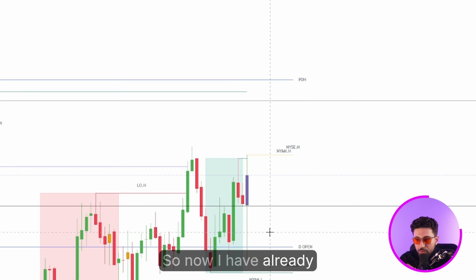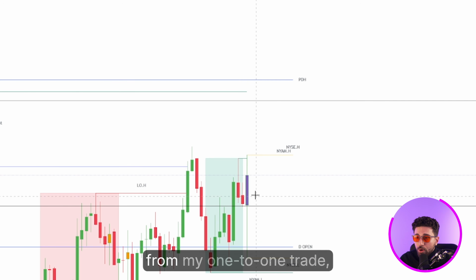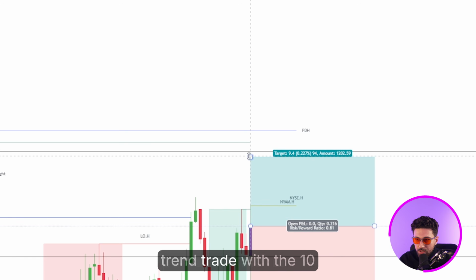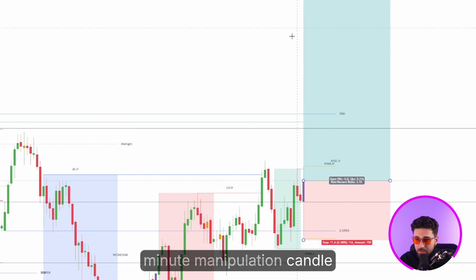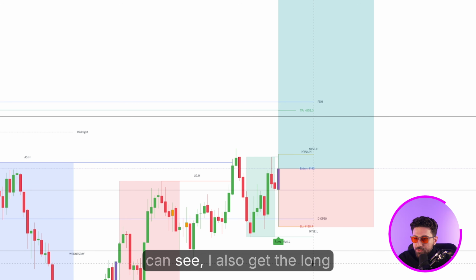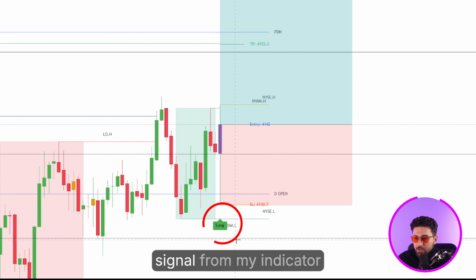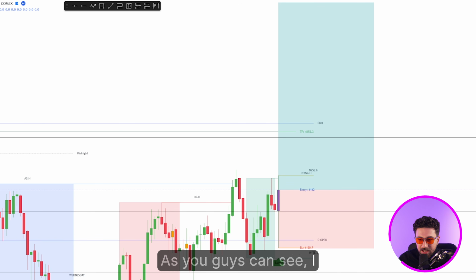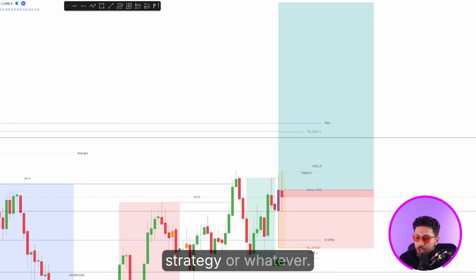So now I have already banked a little bit of profits from my 1 to 1 trade, but now I can take a pro trend trade with the 10-minute manipulation candle and aim for bigger targets. And right here, as you guys can see, I also get the long signal from my indicator specialized on gold. As you guys can see, I didn't really change my strategy or whatever.